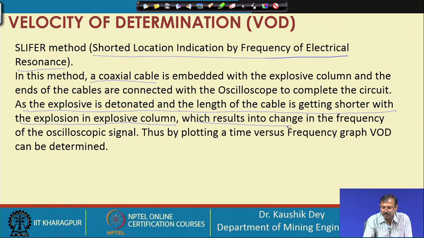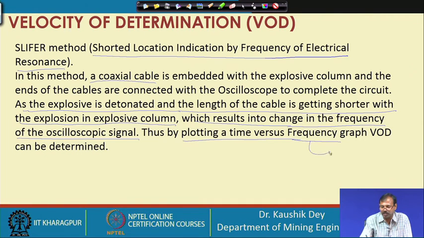This results in changes in the frequency of the oscilloscope signal. As the coaxial cable length shortens, the electrical resistance changes, and the oscilloscope gets a different frequency signal from the coaxial cable. That is why a plot is made between frequency and time, or frequency and distance. Basically, time gives us the shortening of the length.